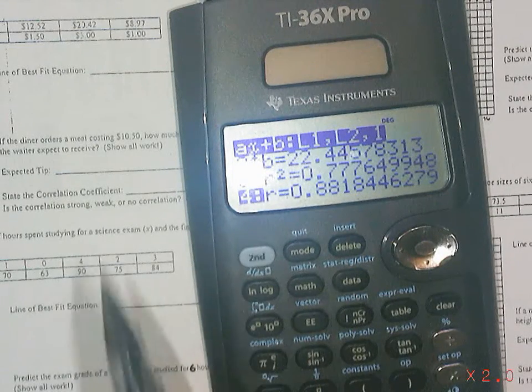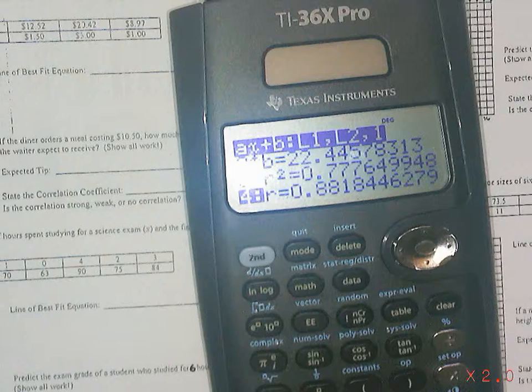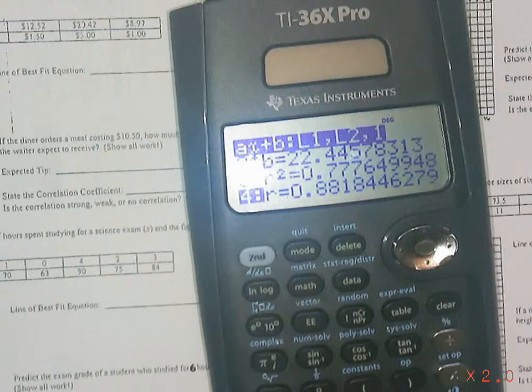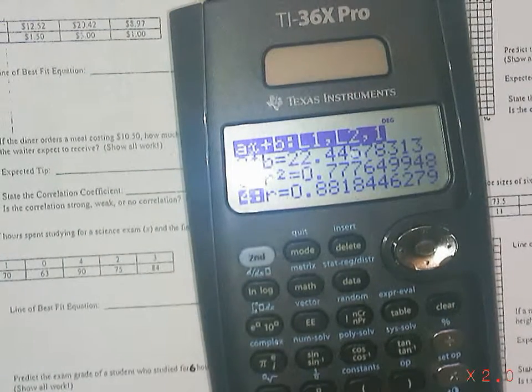But the closer that is to 1, it only ranges from 0 to 1. So it's not ranging over a wide set of values, but it will range from 0 to 1, and again, the closer it is to 1, the stronger it is. And you can think of that as like a percentage. 1 would be 100%, right? 0.88 is 88%, so that's an 80% correlation there. So pretty good, pretty strong. And that's basically what you're doing for the line of best fit.